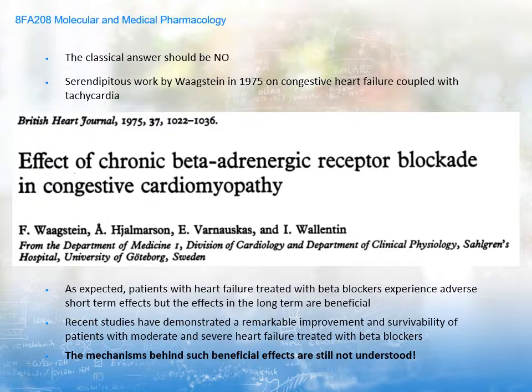And in 1990, a bit under 20 years after the first publication by Wangstein in 1975, it became mainstream therapeutic practice to start administering beta blockers to heart failure patients.